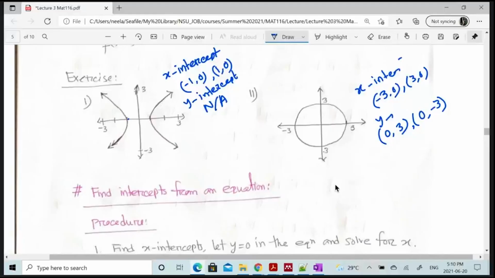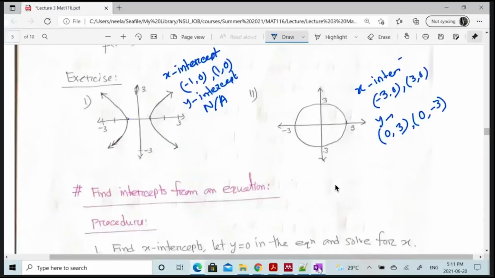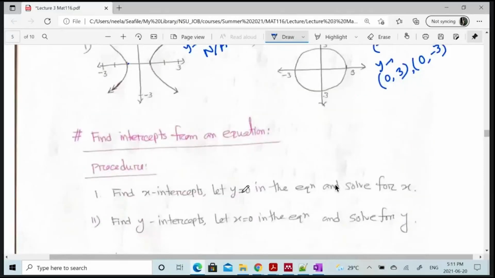So what procedure can we follow to find intercepts from the equation? Now remember, we said that to find the x intercept, we always have the value of y equal to 0. That's the procedure we are going to follow: if we want to find the x intercept, we put y equal to 0 in the given equation, and then we solve for x.